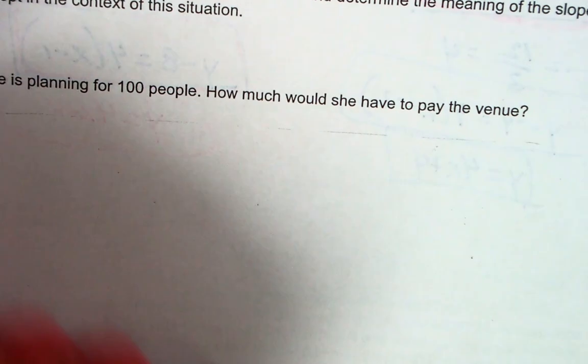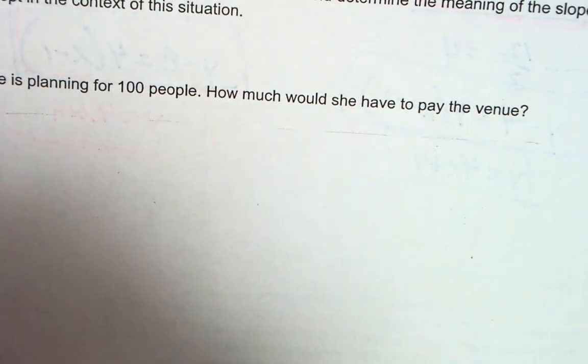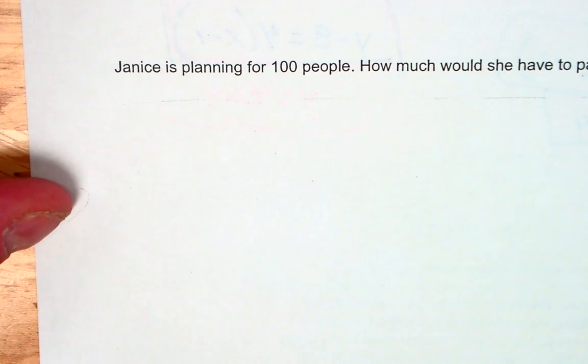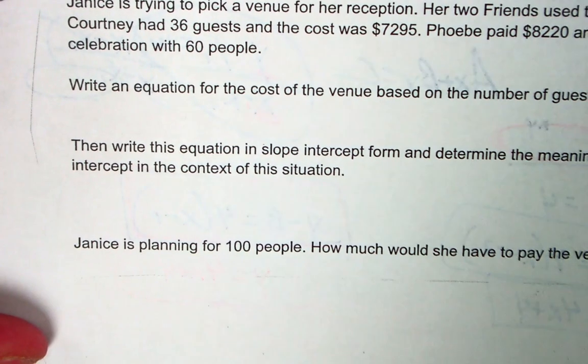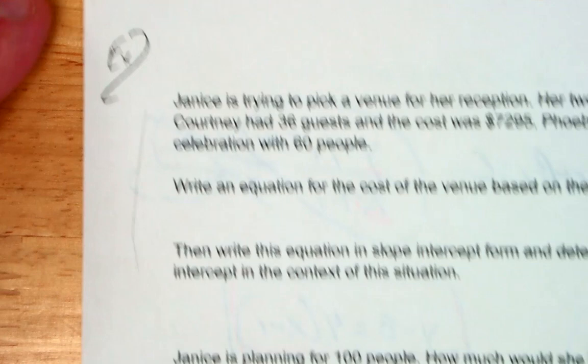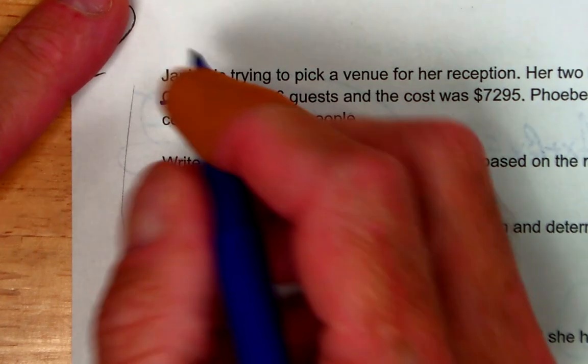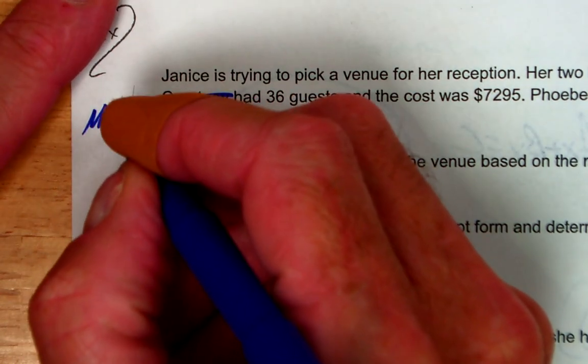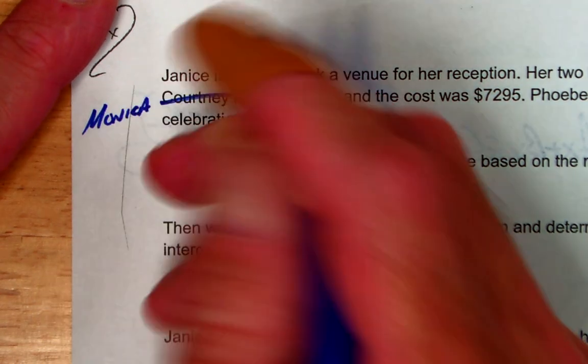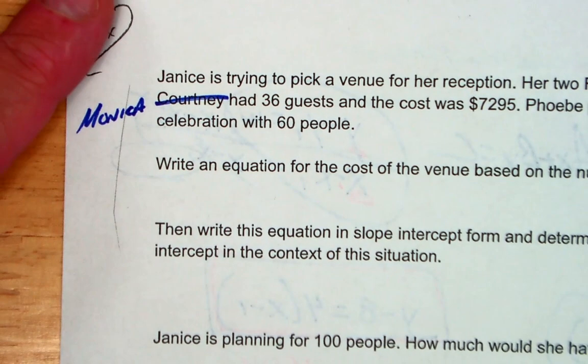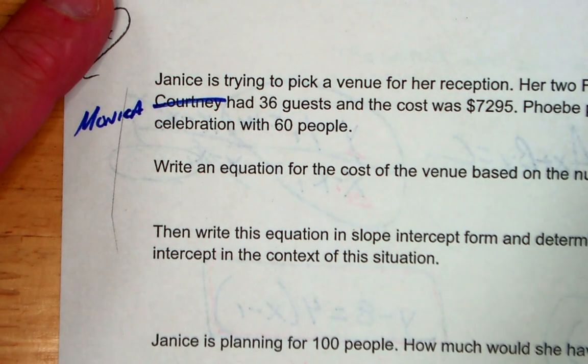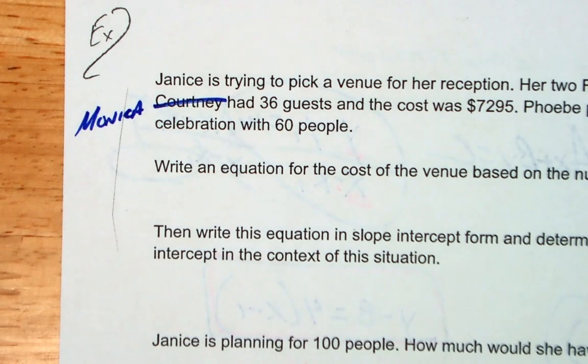Okay, here we go. We're going to skip to the back. I messed one thing up here. Well, I messed a couple things up here. This Courtney actually needs to be Monica. It should be Monica instead. Okay. And I'm going to change a number here too.